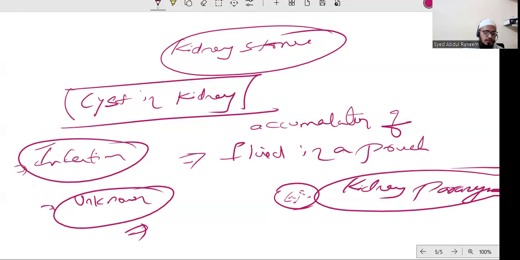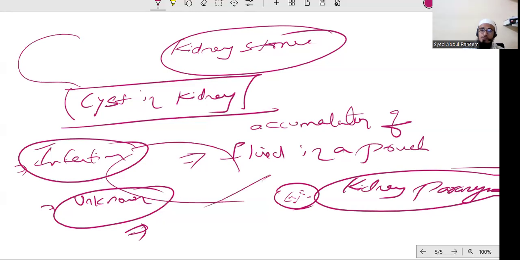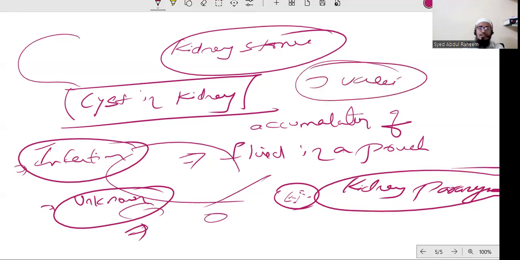What is a cyst? It is accumulation of fluid in a pouch or epithelial tissue, which is present in the kidney, sometimes the bladder, sometimes the prostate, or in females mostly in the ovaries. Initially it is due to infection, or sometimes it is hereditary also.